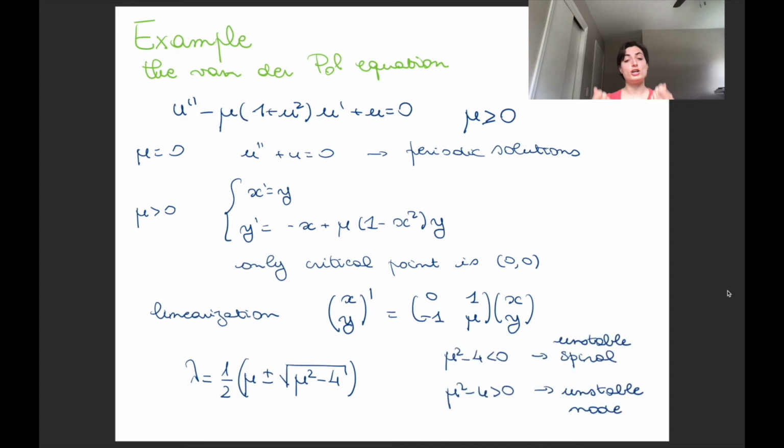So for mu squared minus 4 smaller than 0, we have an unstable spiral. For mu squared minus 4 positive, we have an unstable node. So in the first case, limiting mu between 0 and 2, we have an unstable spiral, and for mu bigger than 2, we have an unstable node at the origin.